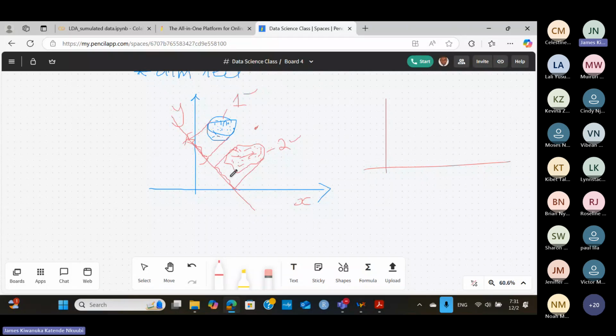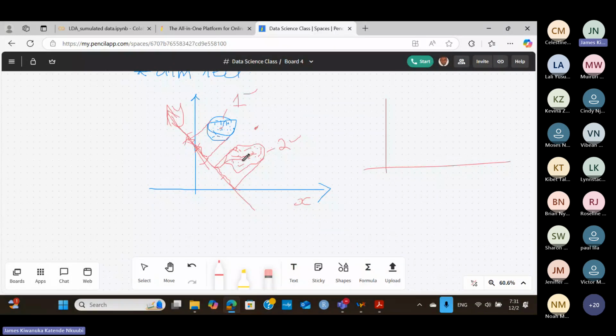LDA tries to look for this vector, which maximizes the separation between the means or the averages of the two. It maximizes that separation and then tries to minimize the variation within each group.